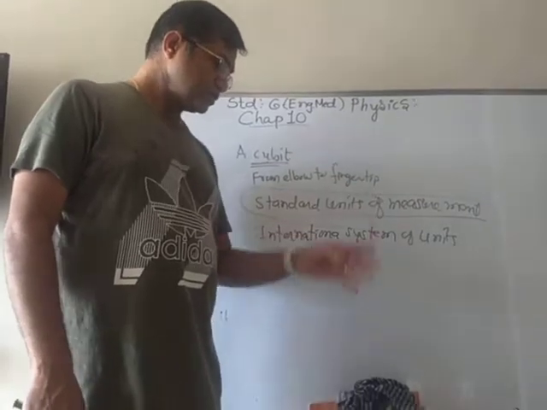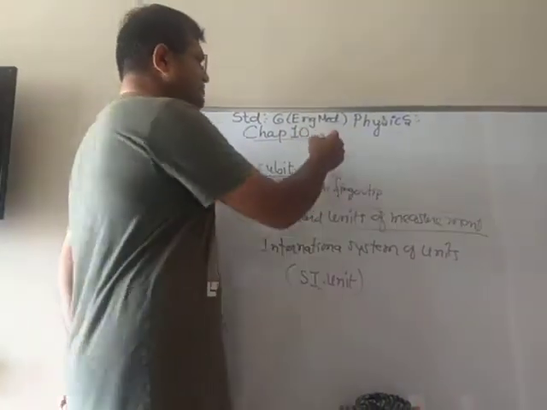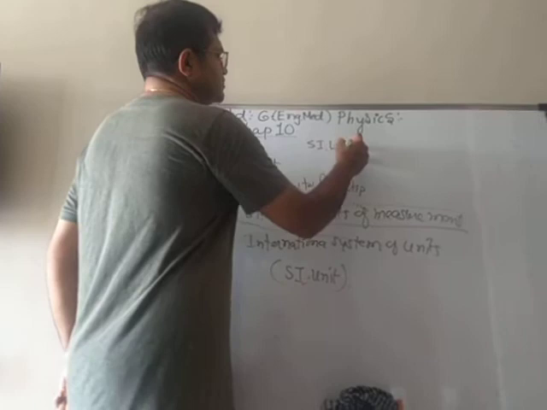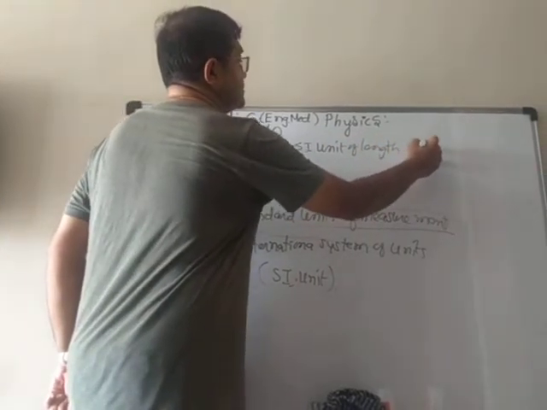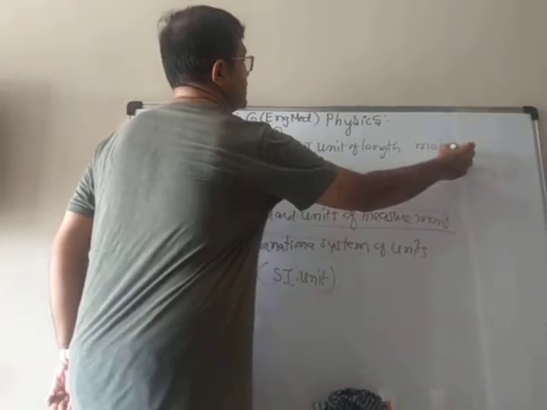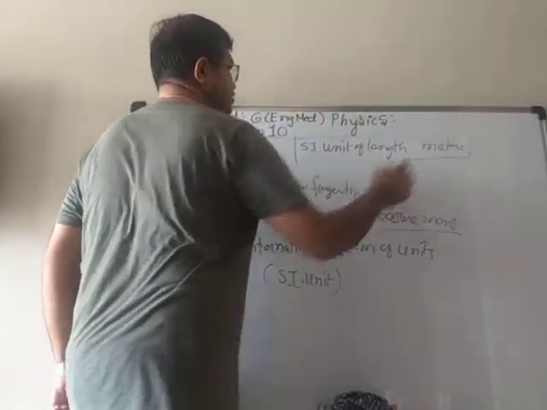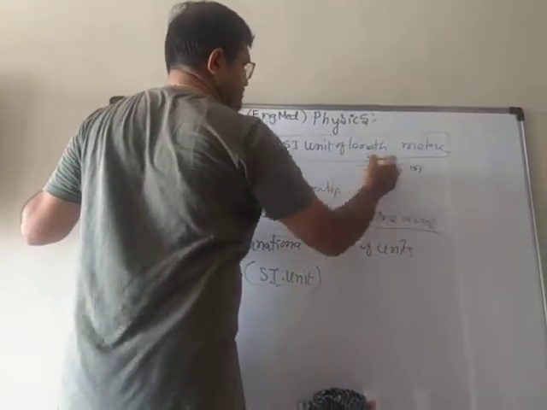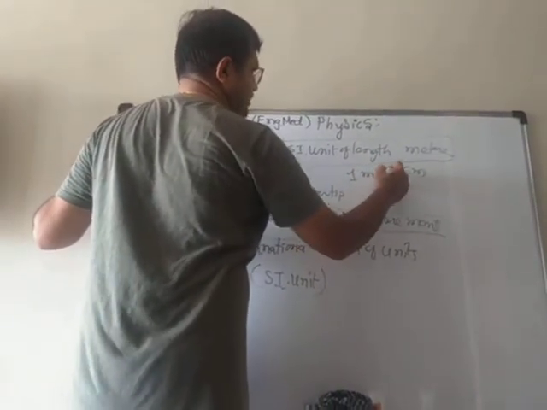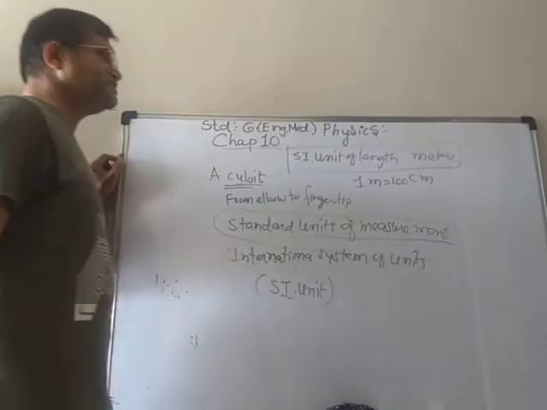SI unit means Standard International System of Units. So the SI unit of length, as I told you, is the meter, and the smaller unit is centimeter, and we know that 1 meter is equal to 100 centimeter.